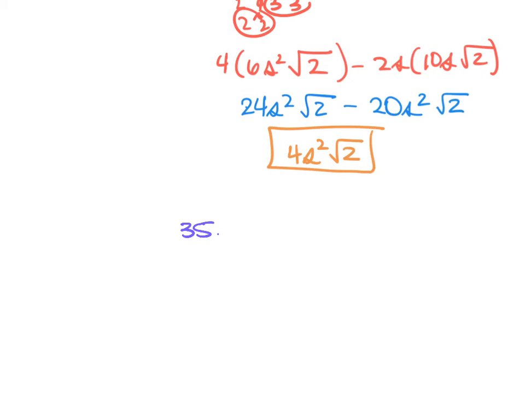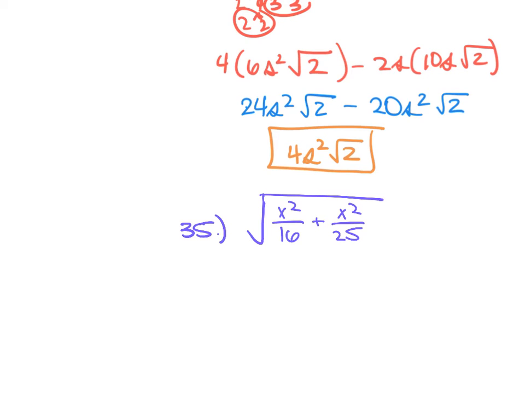For 35, it is written as the square root of x squared over 16 plus x squared over 25. So in order to do this, you have to add these first before you can do anything else. So you have to come up with a like denominator between these two. So you have a 16 and you have a 25.